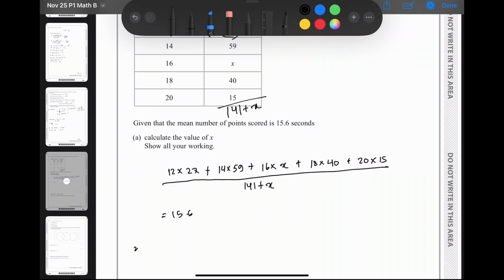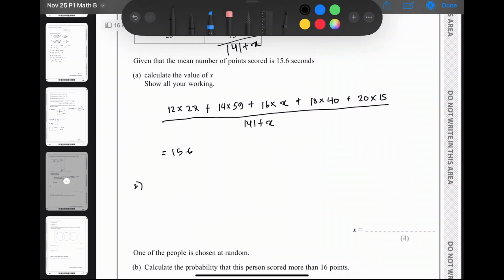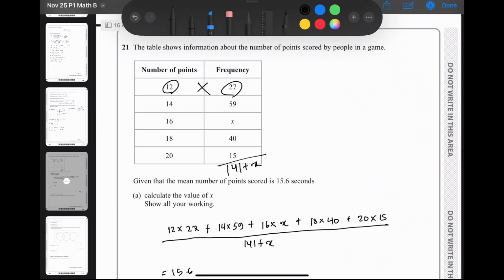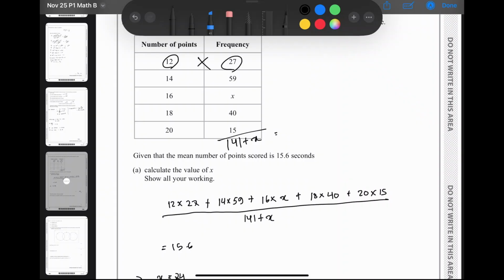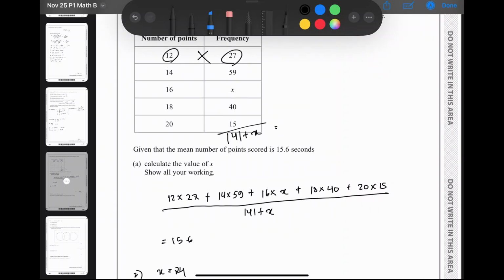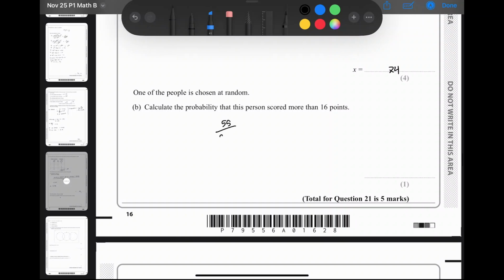So we will equalize the equation and get the value for x, and we get x equal to 74. For B, to get the probability, we will add the frequencies of the last 2 points, which are greater than 16, and then divide them by the total frequencies of all points. And we get 11/43.